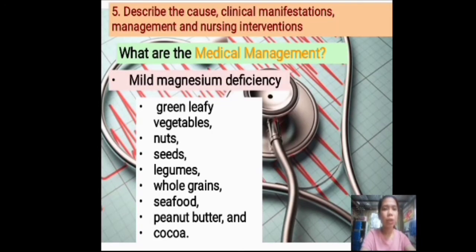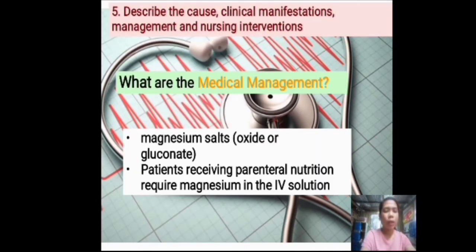Next is, what is the medical management of these electrolyte imbalances? Number 1, if the patient has a mild magnesium deficiency, a diet can be prescribed, for example, taking major sources of magnesium like green leafy vegetables, nuts, seeds, legumes, whole grains, seafoods, peanut butter, and cocoa. The next medical management is magnesium salt, for example, in the form of oxide or gluconate.